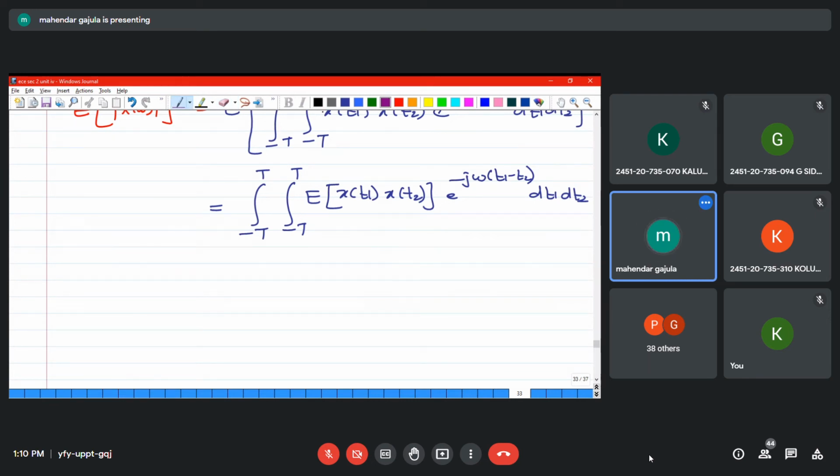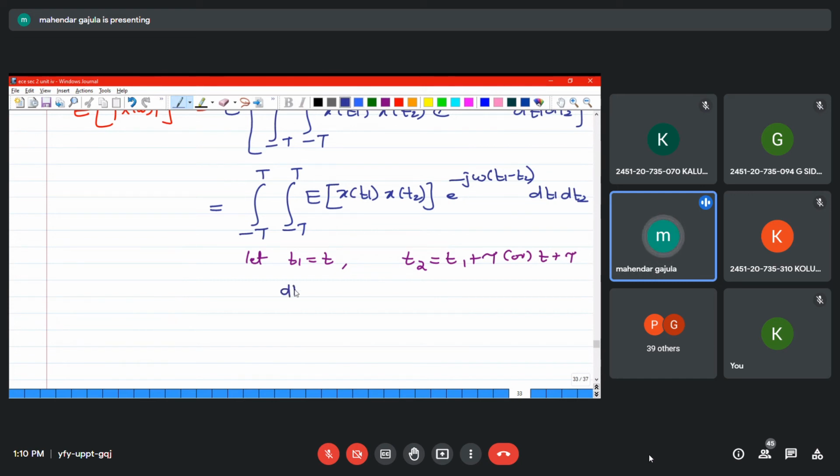Let us go in another way. Let's take t1 equal to t and t2 equals to t plus tau.